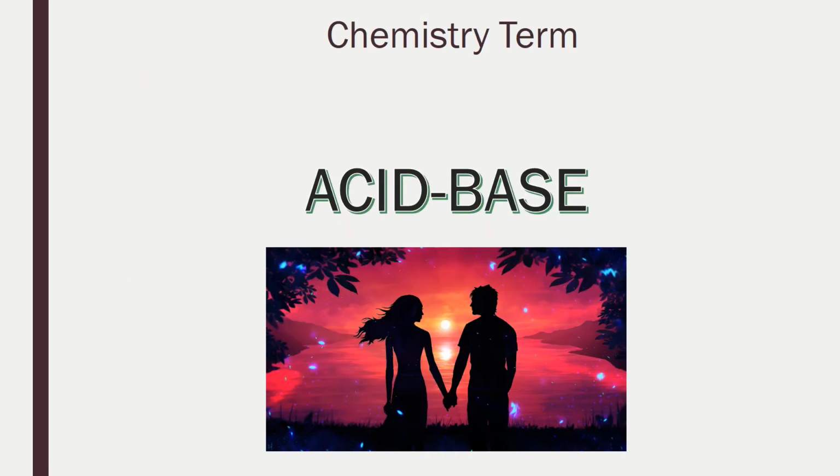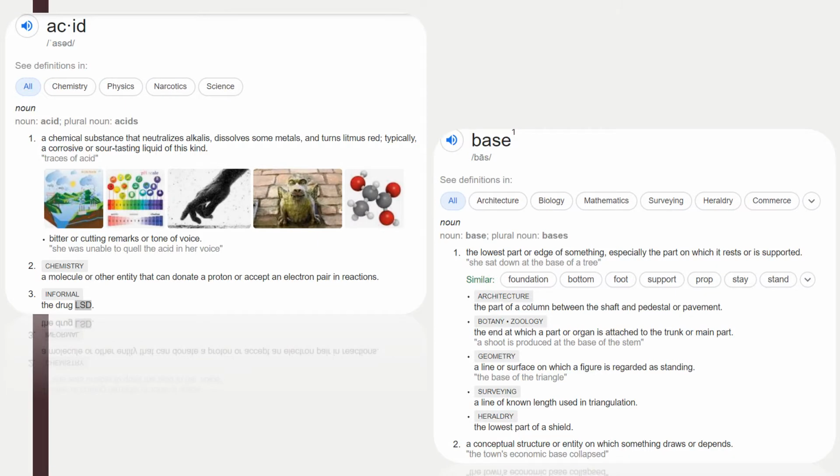Chemistry term. What is a chemistry term? Is there a specific definition in chemistry that has a different meaning from the common definition? Okay, let's take a look at acid and base. Here are the definitions that can be found on the internet. For acid, maybe the definition still sounds scientific, but look at the base.